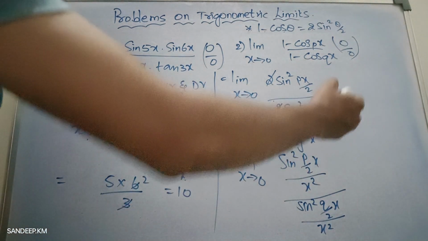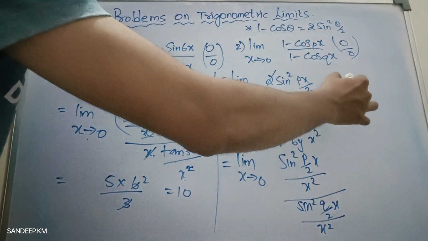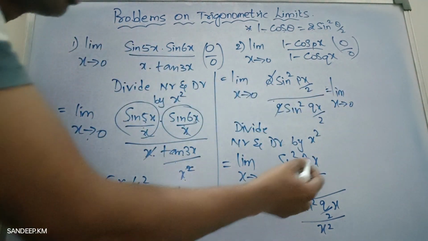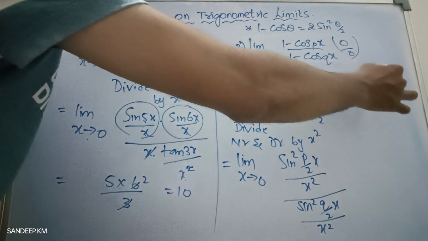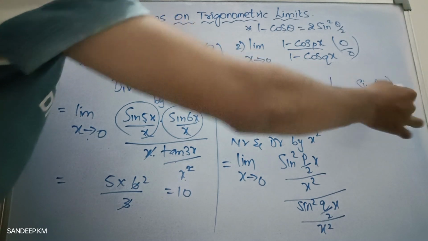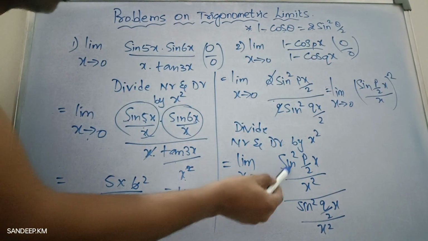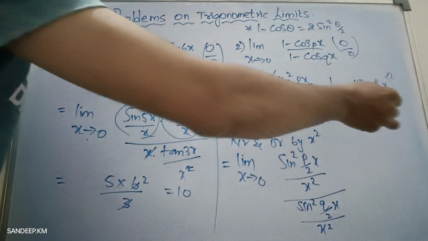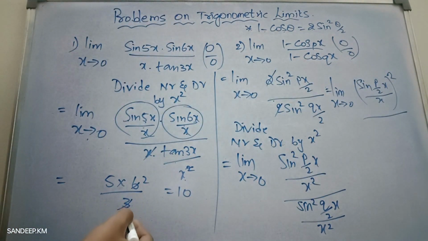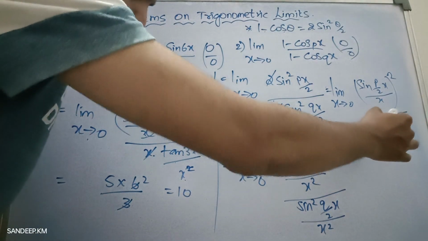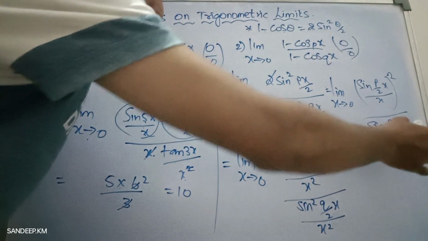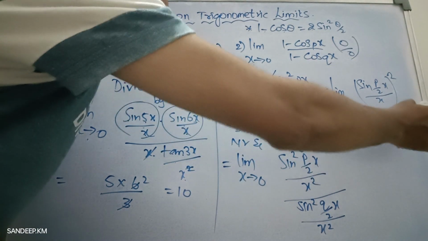So dear students, I can write this as what? Limit x approaches 0, the numerator becomes sin p by 2x by x, whole square. Correct or not? Here also we have square, here also we have square. I have taken whole square. And in the denominator also, I can write it as sin qx by 2 divided by x, whole square.